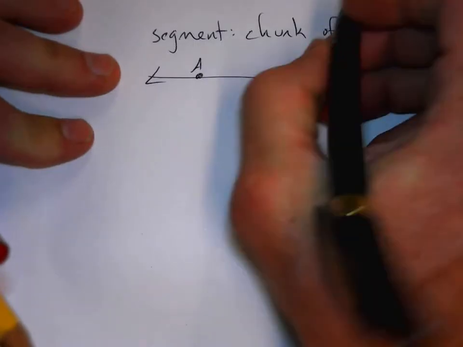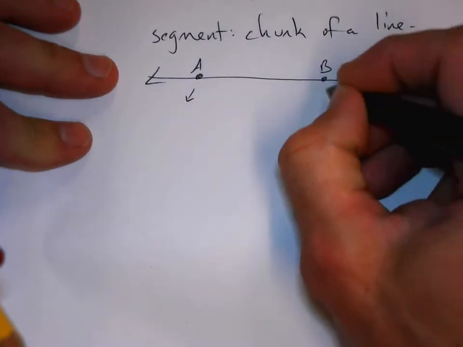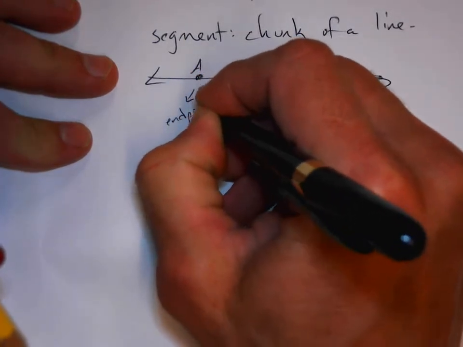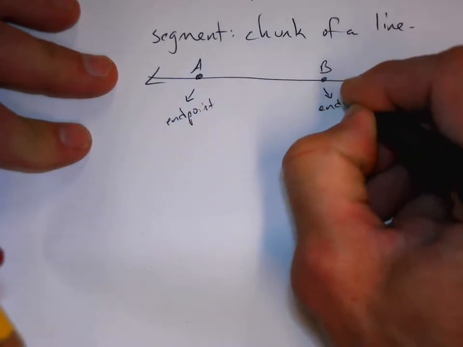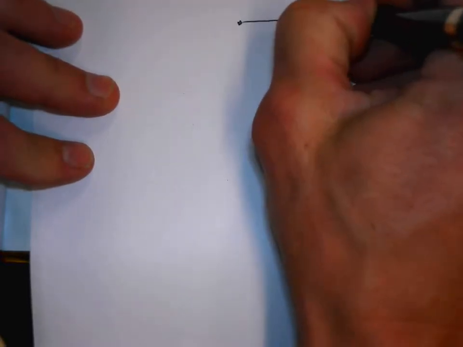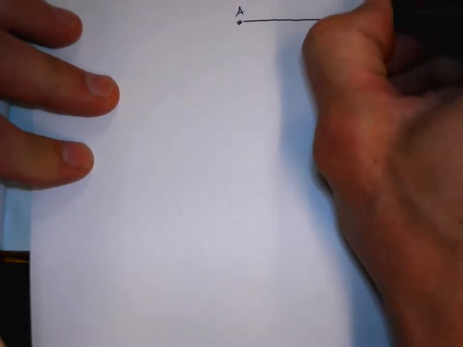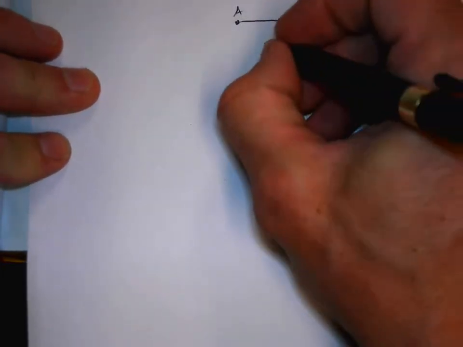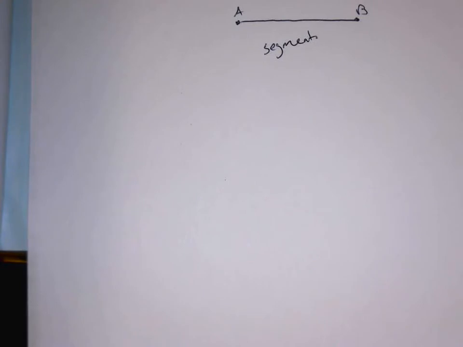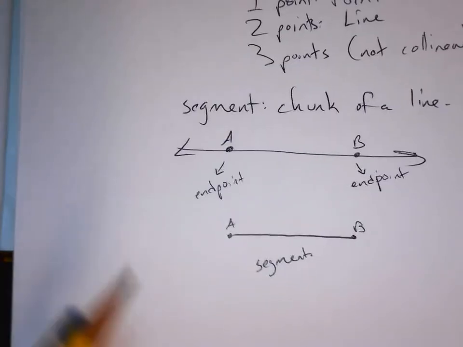And the chunk of that line is determined by endpoints. Okay, so we have an endpoint A and an endpoint B. That's the chunk of line. And now we have a segment. So there's your segment. Cool? I hope so. That's a segment. I'll get into naming things in a second.